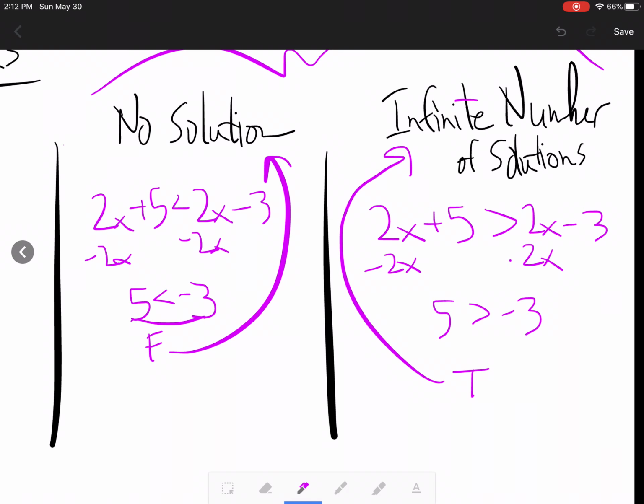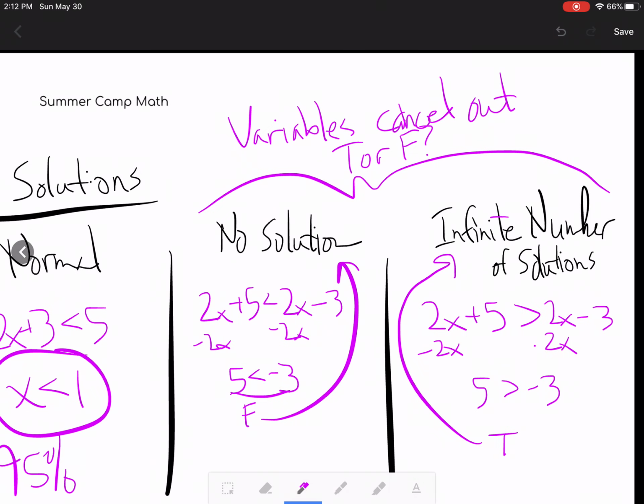So again, most of the time, we're going to have a normal solution type situation. But if the variables cancel out, it's all about asking, is the statement true or is it false? If it's true, infinite number of solutions. If it's false, no solutions. So good luck on your practice, and let me know if you have any questions.